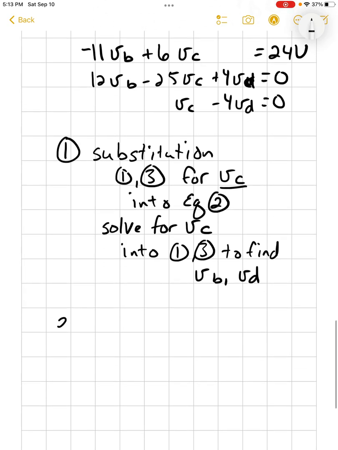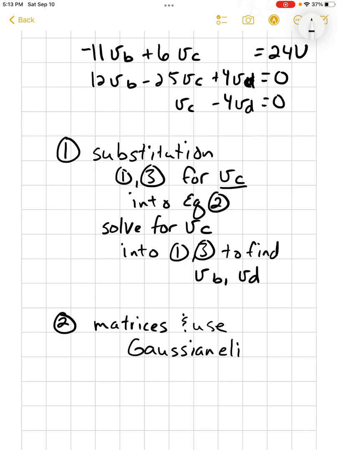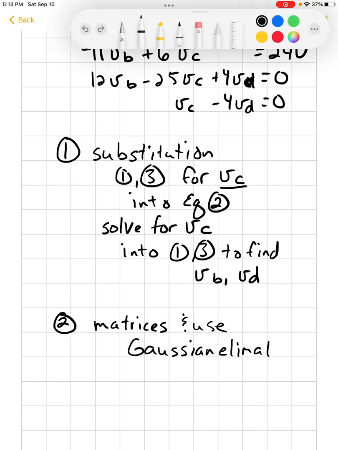The second way you can do this for small values is, well, you can't use too big an equation, but if you are sufficiently competent using Gaussian elimination, you can change into matrices and use Gaussian elimination.